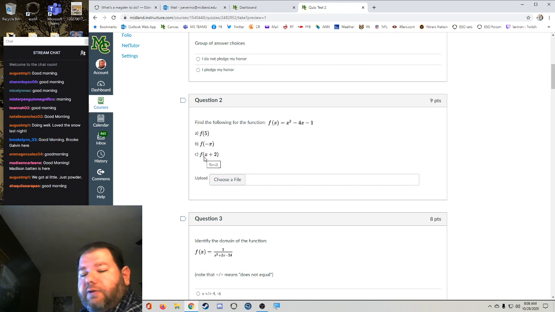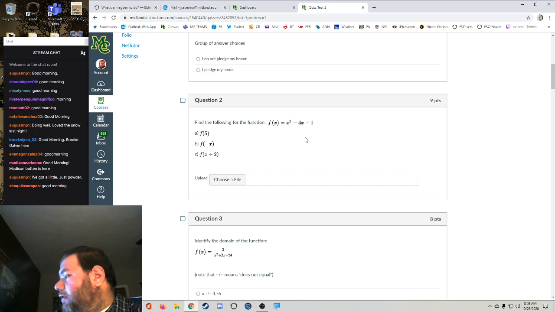For f of x plus 2, when we plug that in, we do x plus 2 squared minus 4 times x plus 2 minus 1. So we actually have to go through and square the x plus 2 and then also distribute the negative 4 for the middle part.